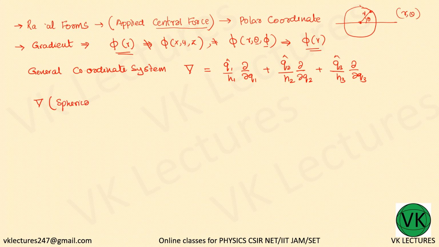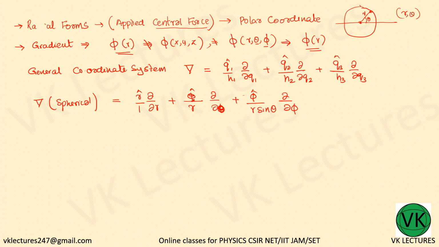So this becomes r cap by h1, where the metric element h1 is 1, dou by dou r, plus theta cap by r dou by dou theta, plus phi cap by r sin theta dou by dou phi.